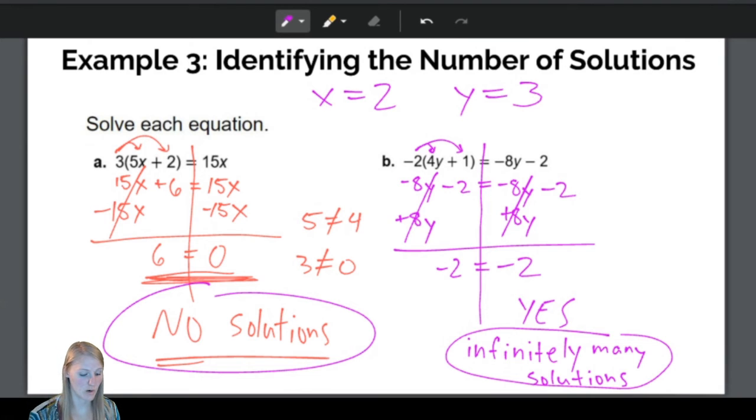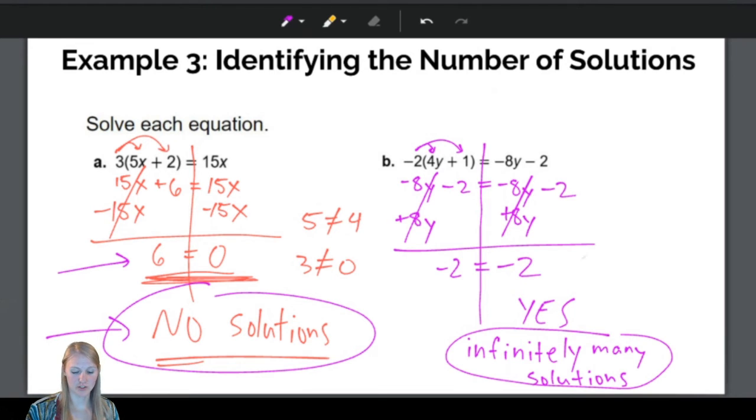When you're working on the equation, the variable cancels out in some way. And when the variable disappears, you either get something that is false, 6 equals 0, not true, and then you have no solution. And sometimes, when the variable disappears, you get something that is true, and then you have infinitely many solutions.